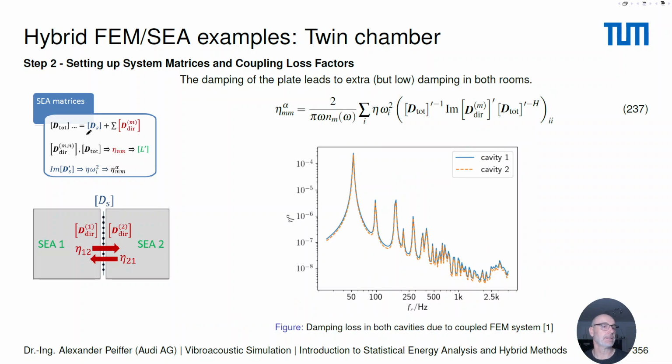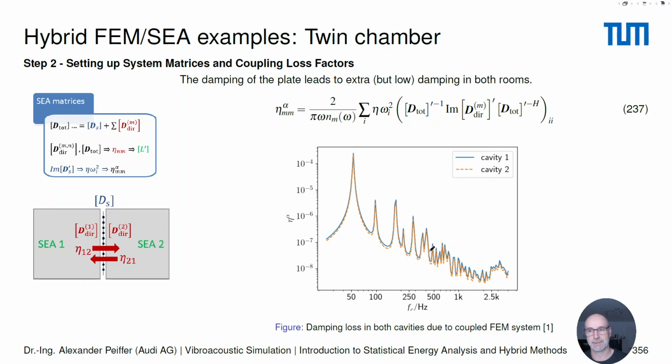The next step deals with, it was just showing some results, we are still in step number 2, but we are now dealing with the damping coefficient, which is also part of this matrix setting up process. And here we see that the damping that is given to the cavities due to this expression is extremely low.